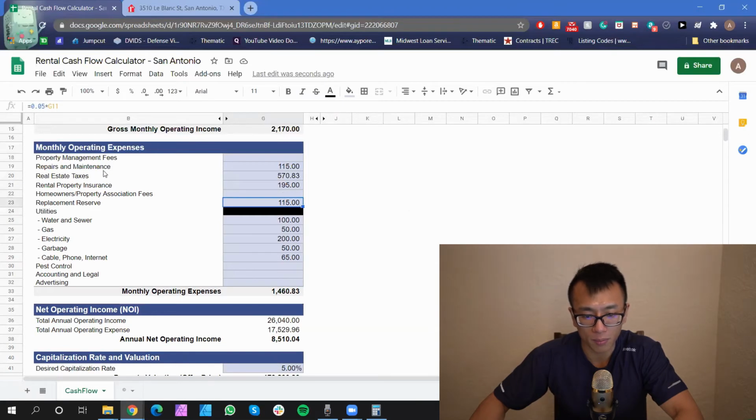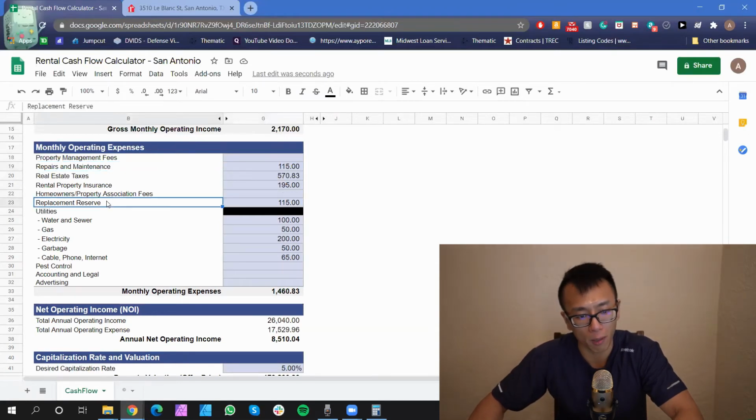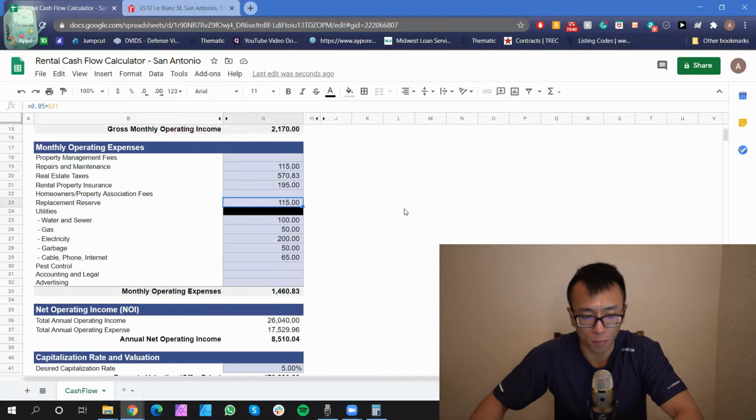And then replacement reserves, similar to my repairs and maintenance. The replacement reserve is just there as a placeholder, and I'm expecting that I have to spend money every so many years in order to replace some sort of thing that's wrong with the property. An example of this is the roof. The roof tends to, on average, need to be replaced every 30 years.